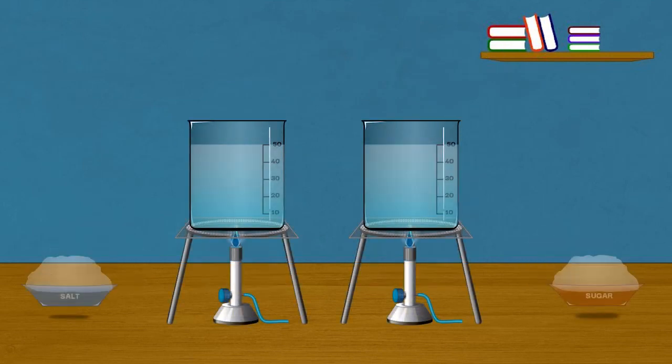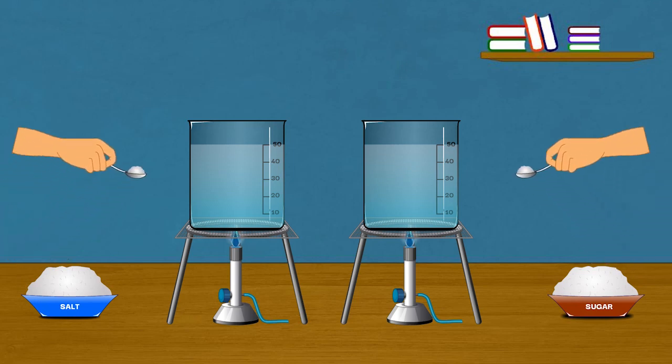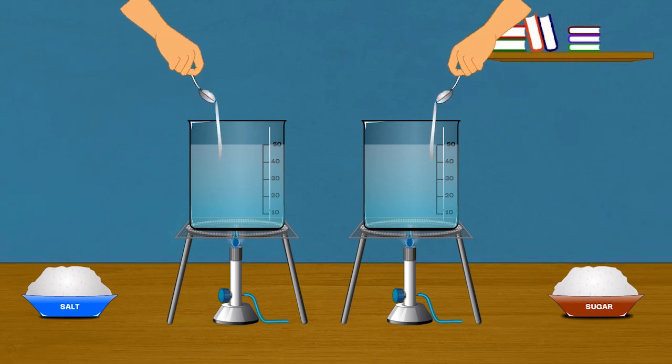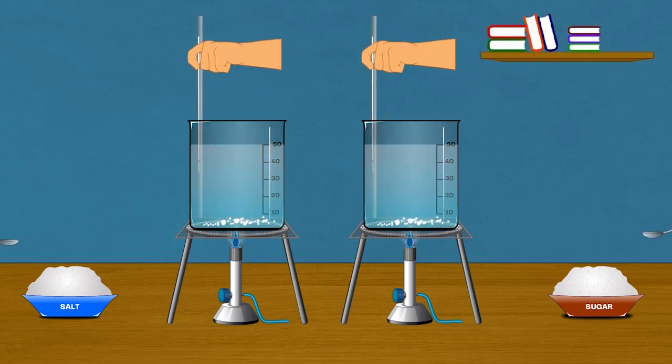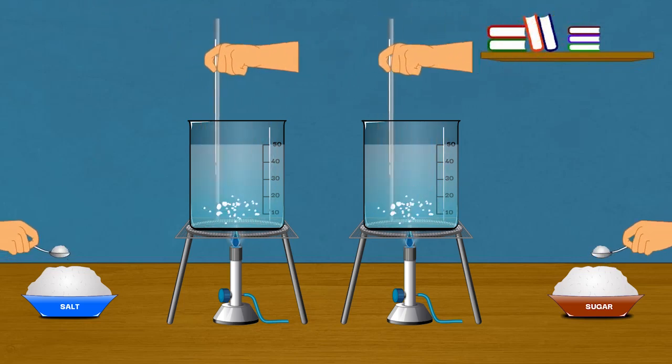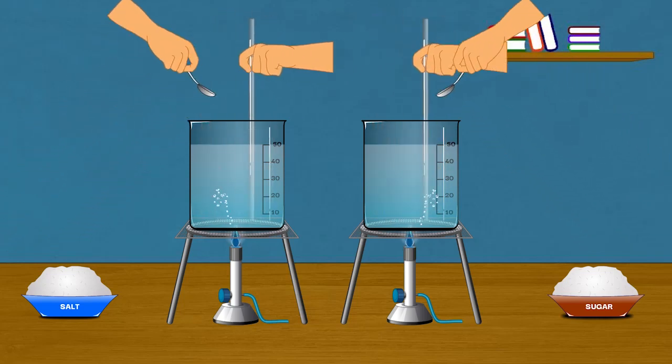Heat the contents of the beaker to raise the temperature by about 5 degrees Celsius using a heat source. Start adding the solute again with continuous stirring until no more solute can be dissolved. Note down the observations.